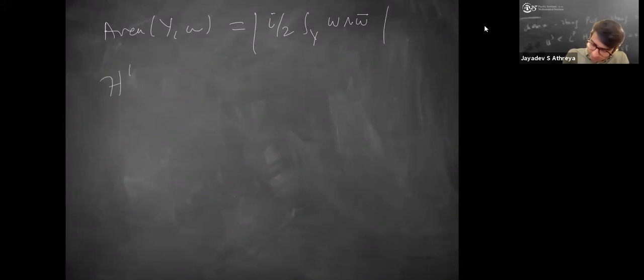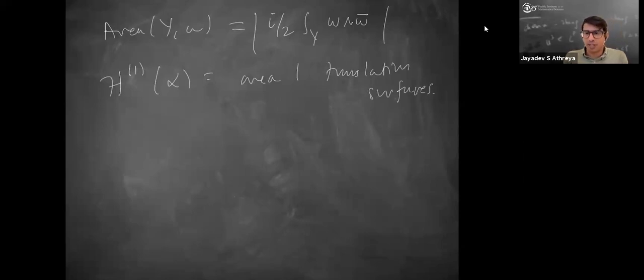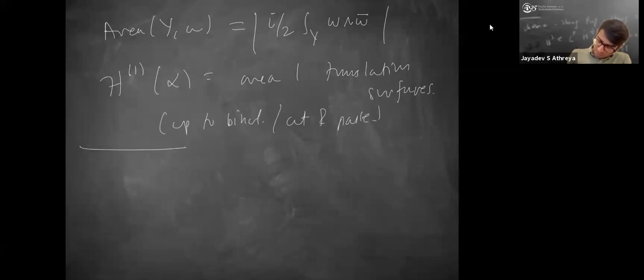And I'm going to really think about this space H1 of alpha to be the space of area 1 translation surfaces. And you might be saying, what's the equivalence relation? The equivalence relation is biholomorphism that takes one form to the other. Right, so that's the equivalence relation here. If you like to think about Euclidean geometry, that actually boils down to the same thing as cutting up the surface, re-gluing it, and kind of pasting it back together. So these are up to biholomorphism / cut and paste. So let me draw you an example of some things in H of.